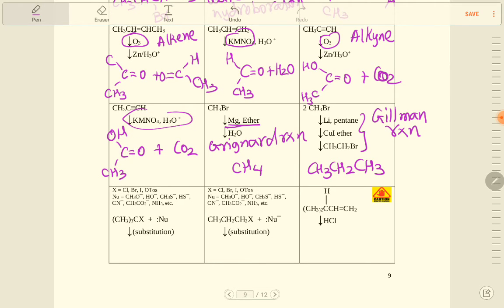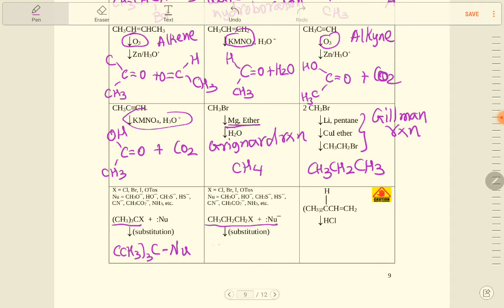Alright, substitution reaction. In that one, this is tertiary carbon, CH3, 3C, and nucleophilic substitution. This is the substitution reaction.